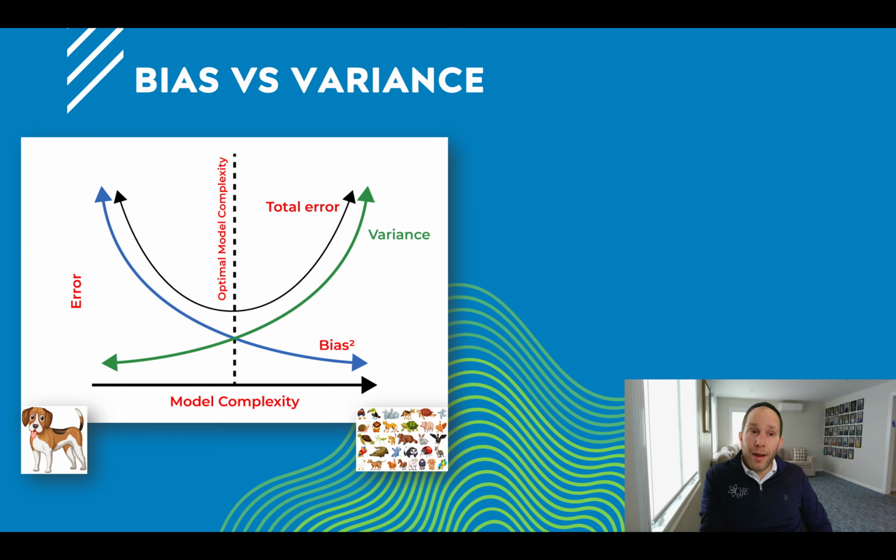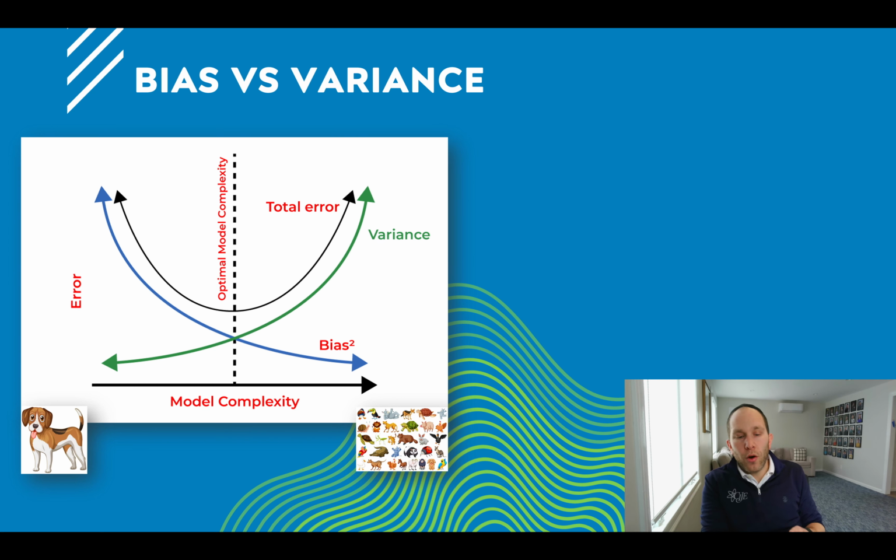The flip side is super variance. What if I'm looking for dogs and I give it a picture of every single animal in the world? Now it might think a dog is actually a coyote, or maybe a Beethoven kind of dog might be like a little polar bear, like a little brown bear. So we're giving it too much variance in our supervised learning.